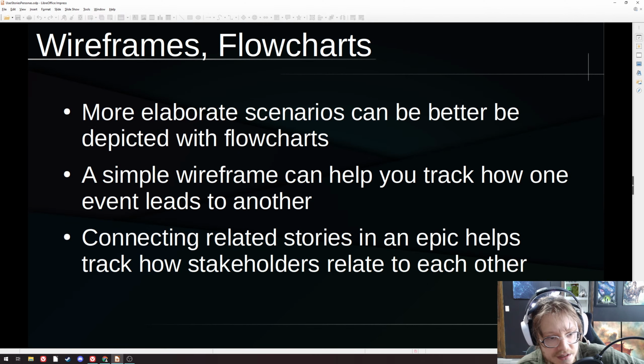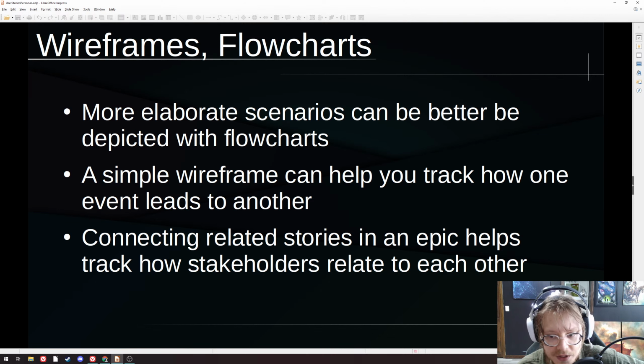More elaborate scenarios are better depicted with some visual representation, so be it wireframes or flowcharts. A wireframe is just some boxes connected with little thin lines. A flowchart has directional arrows that kind of point around, so these are very similar charts. You can make these with tools like Draw.io or Figma.